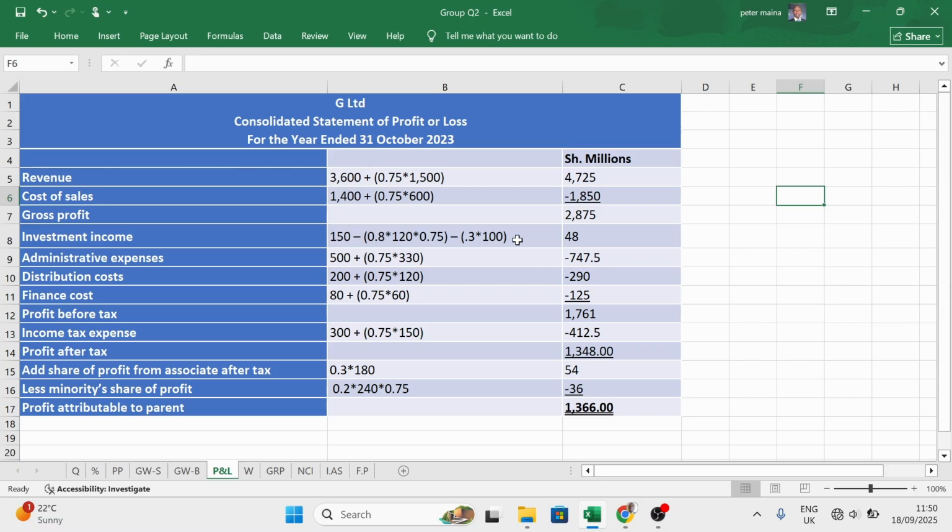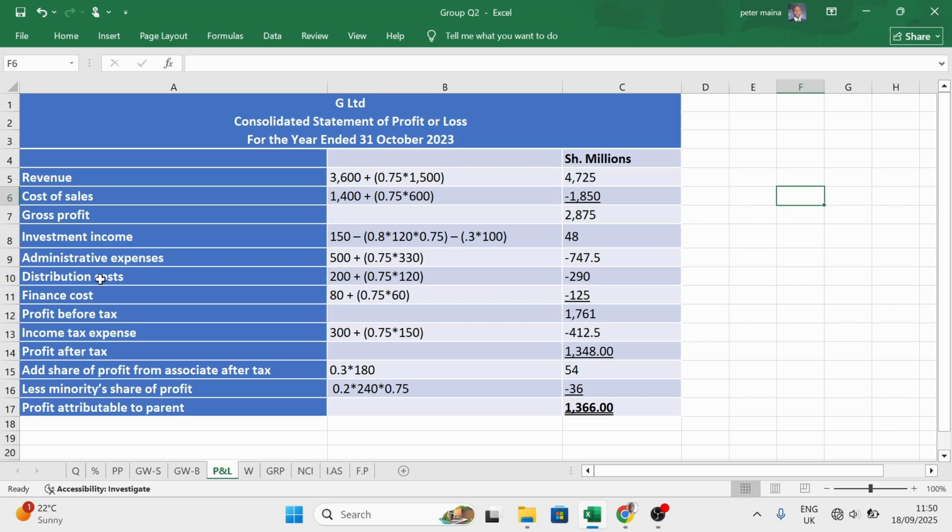Whatever is left, 48, is income from other investments, maybe from other companies, maybe from rent. That is the one that we record after eliminating the intercompany dividend.